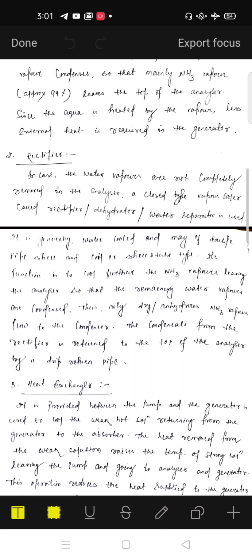It is generally water cooled and may be of double pipe, shell and coil, or shell and tube type. Its function is to cool further the ammonia vapors leaving the analyzer so that the remaining water vapors are condensed. Thus only dry, anhydrous ammonia vapors flow into the condenser, and the condensate from the rectifier is returned to the top of the analyzer by a drip return pipe.